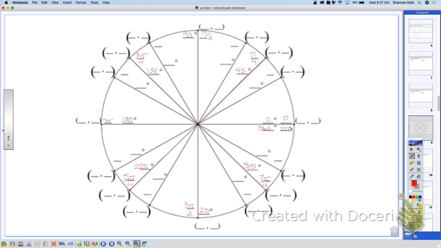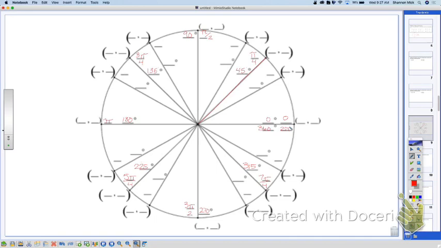So it's 3 pi over 4 because I'm 1 less than a whole pi. So in the third quadrant, I'm 1 more than a whole pi. 5. So it's 5 pi over 4. And in the fourth quadrant, I would say 1 less than 2 whole. 7. Because 2 whole would be 8.